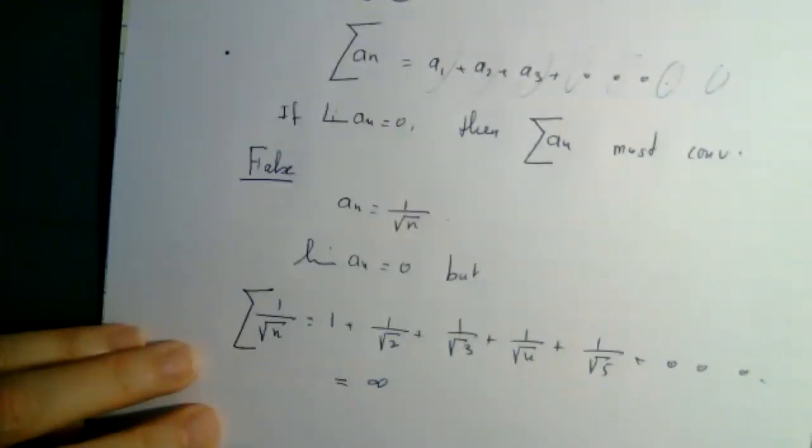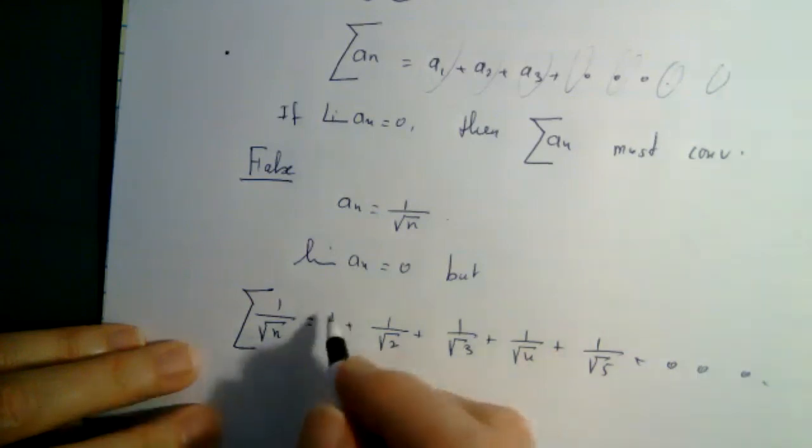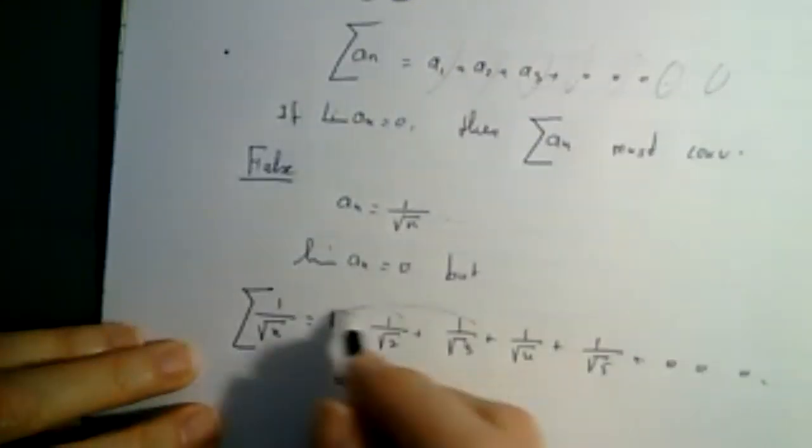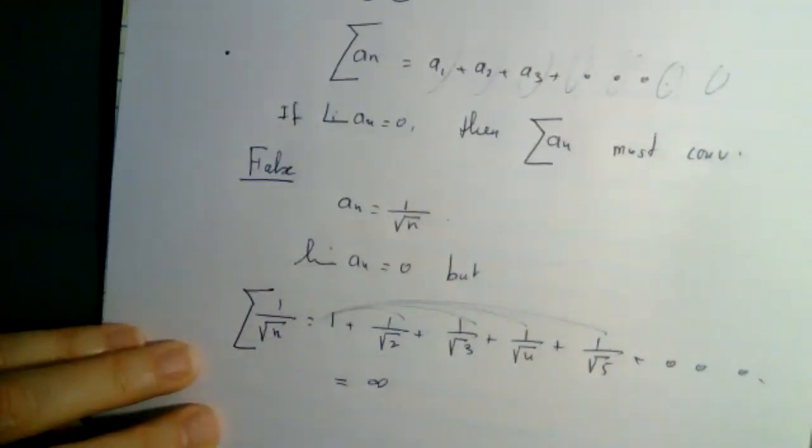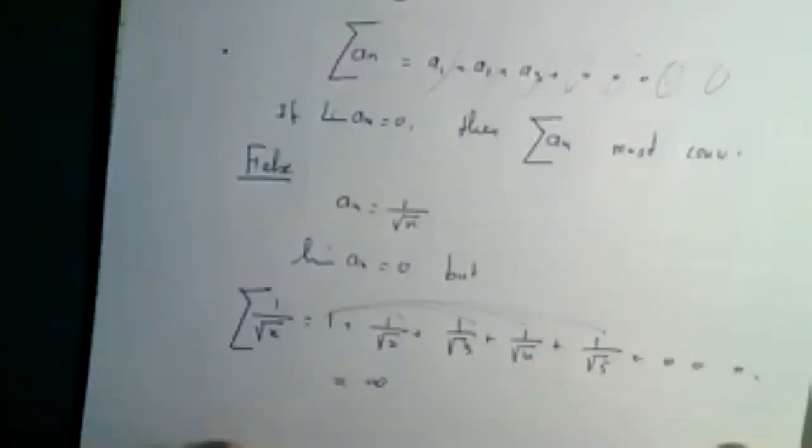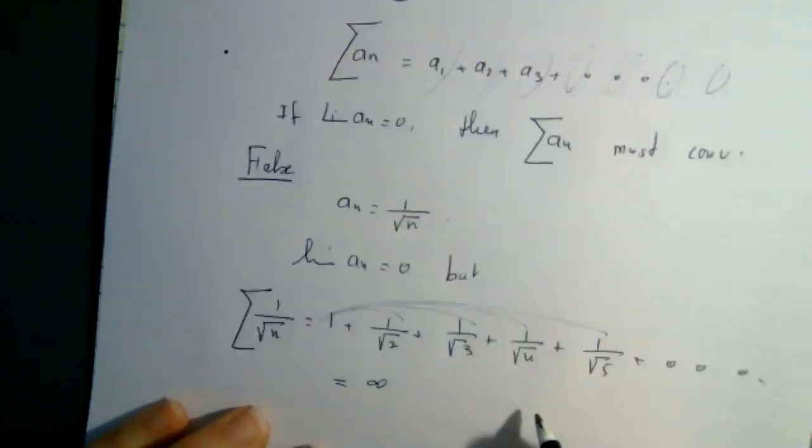It means this series will diverge. If you remember, once in class I gave you the partial sums, and we realized that the partial sums were getting larger and larger and larger.